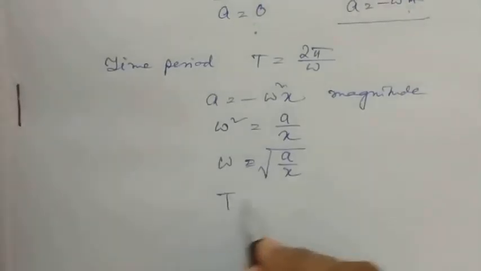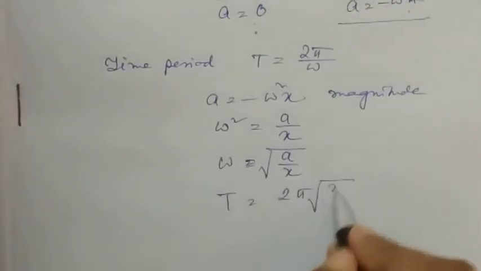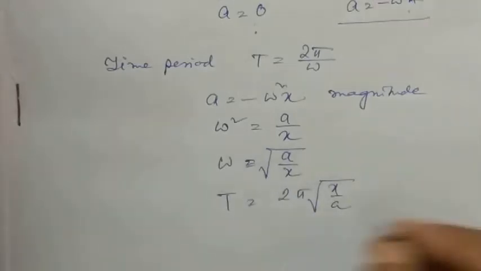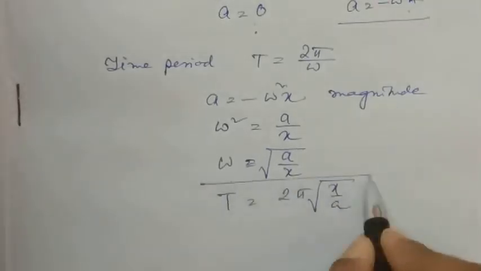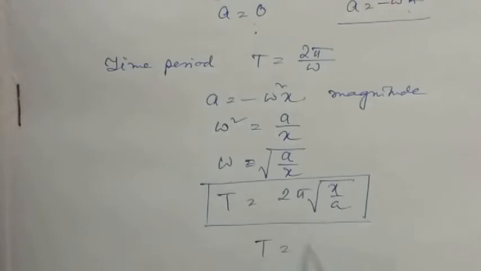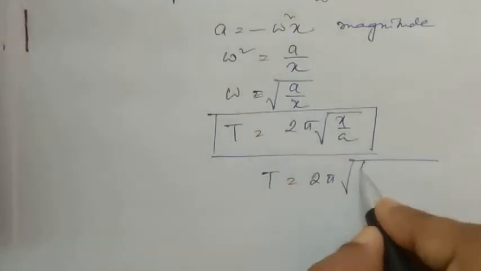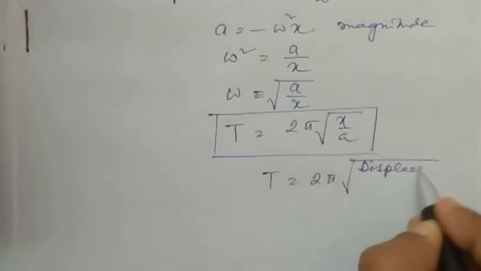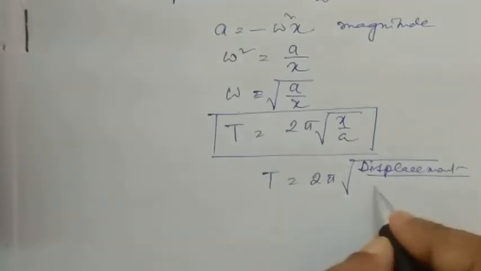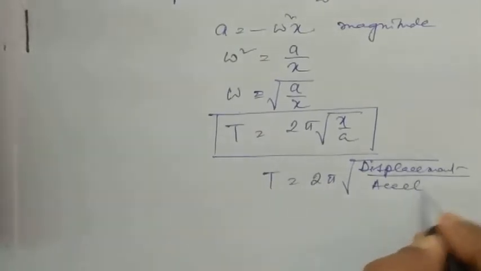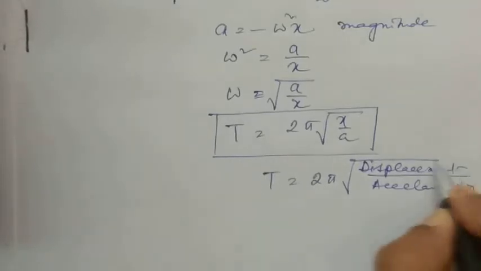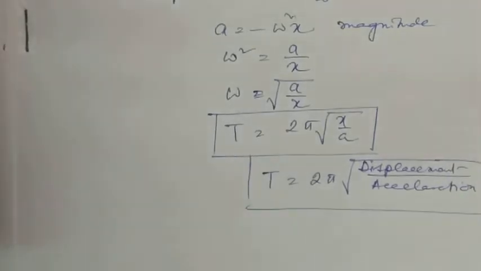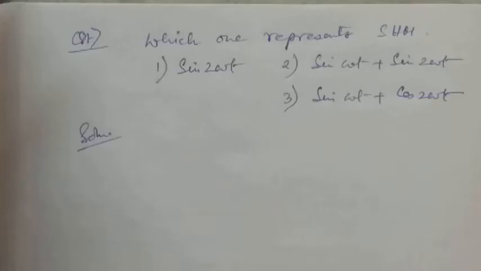Now what is t? 2 pi by omega, that means 2 pi root over x by a. That means we can write the equation as 2 pi root over, what is x? X is displacement by acceleration. So in statement it is t is equal to 2 pi root over displacement by acceleration.